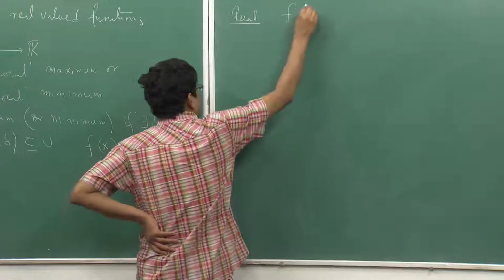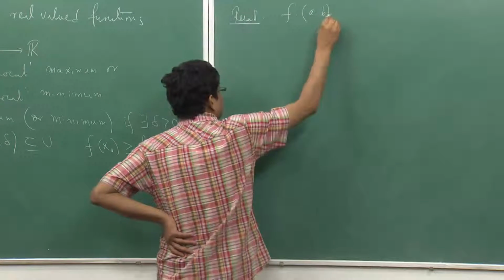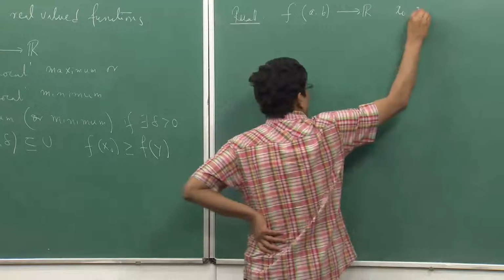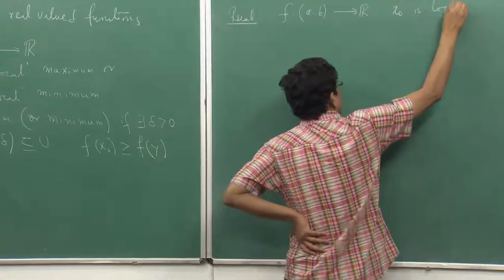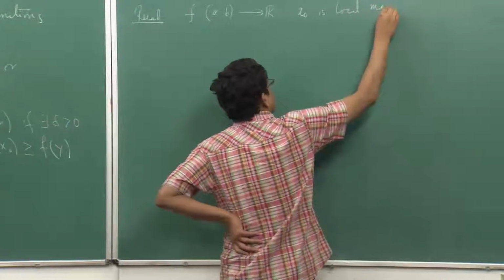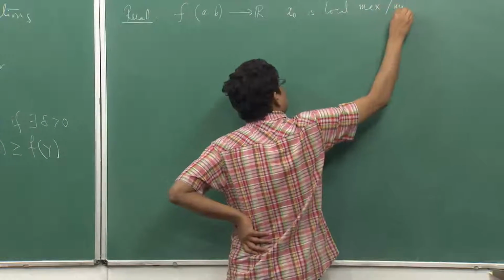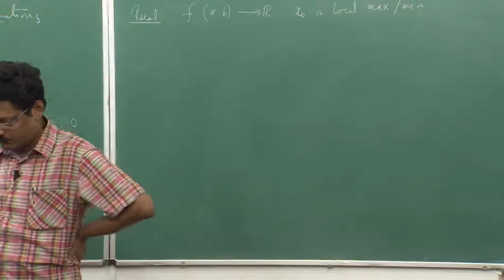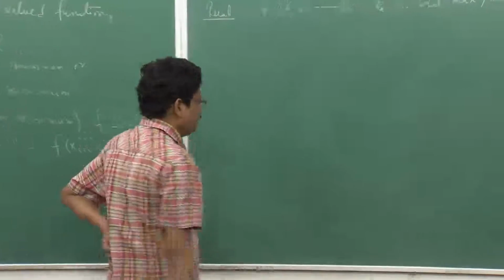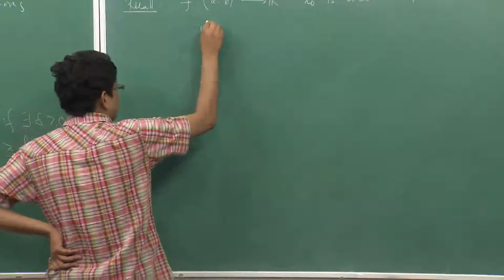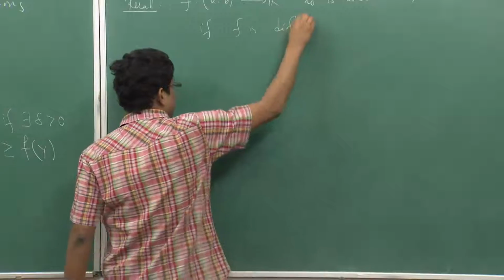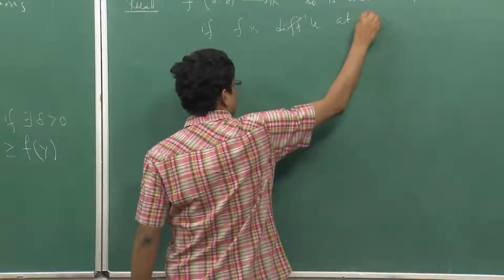Recall, if f is a function of one variable and x naught is a local maximum or minimum, then you immediately have something, if f is differentiable at x naught.